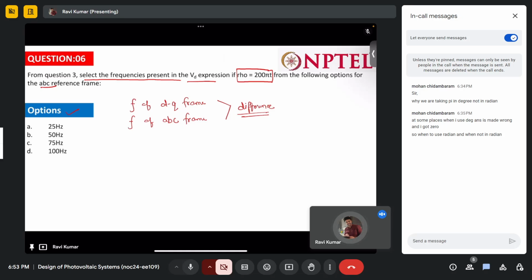So here the VD expression is given, and the VA expression was, as you remember from question number 3, around like this. Let's say 20 sine 50 pi t.